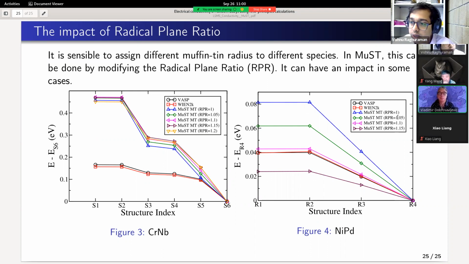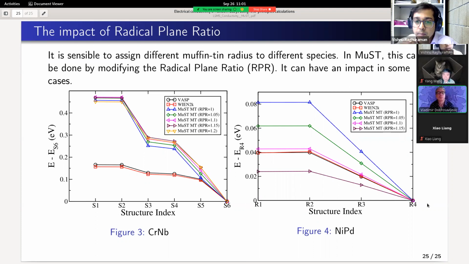But as you increase the radical plane ratio, it then approaches the VASP and WIEN2K value, and between 1.1 and 1.15 is where you have a match with VASP and WIEN2K, which is also quite similar to the atomic radii ratio between palladium and nickel.